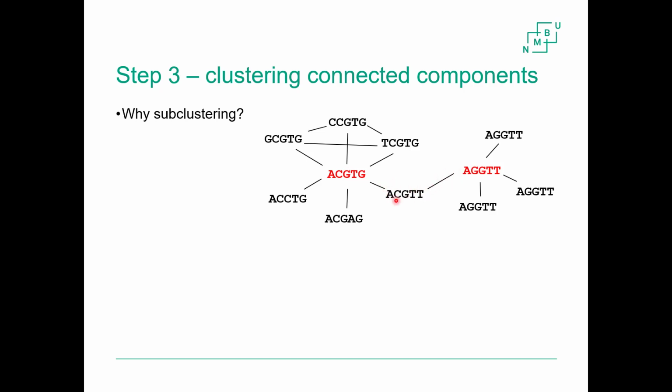It's impossible to know which group this one belongs to. And since we now have one error here and one error here, it makes all of them connected, because we now have this edge that connects both into one connected component.